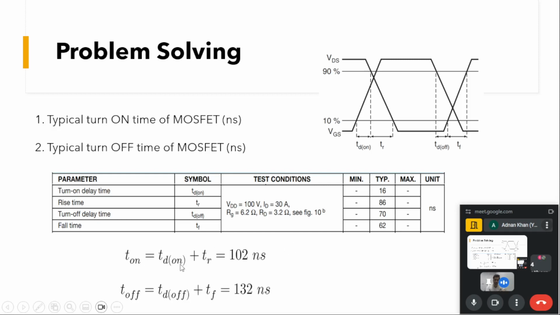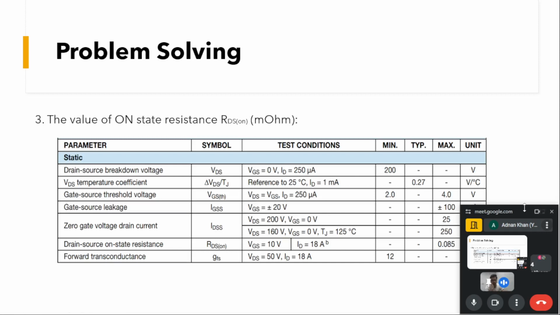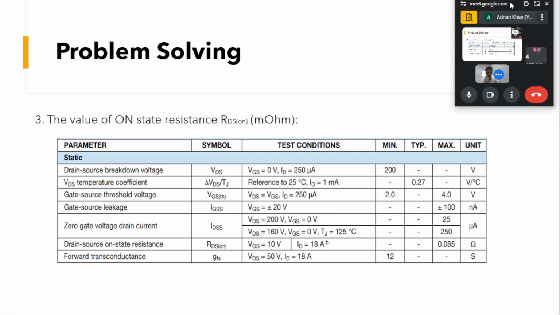You can see turn on time will be equal to TD on plus TR, that is 86 plus 16, which comes out to 102 nanoseconds, and similarly T off will be equal to 70 plus 62, which comes to 132 nanoseconds. The third question is to calculate the value of the on state resistance, RDS on. So this is the data sheet here.